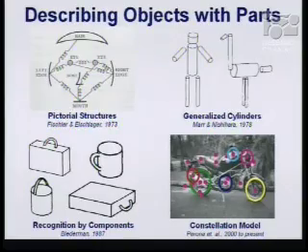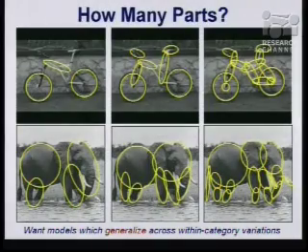But one problem that shows up in all of these part-based models is the question: how many parts should I use? And remember, it's not a trivial problem, because I don't want to learn how to describe just this particular elephant or this particular bicycle. I want to generalize from a small number of examples. So I want to learn to predict what features are going to be shared across all elephant categories, and what things are particular to this particular elephant.